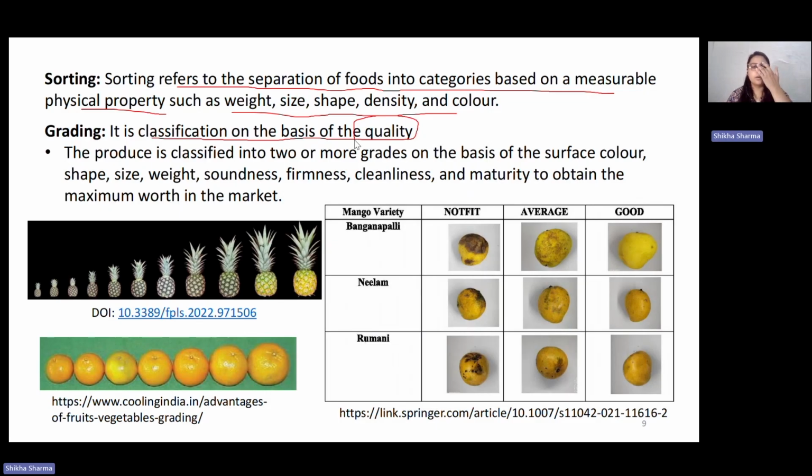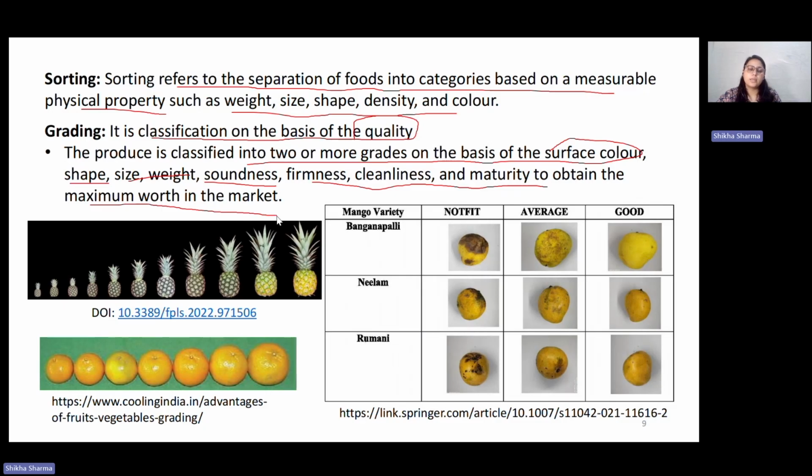A good grade product can be sold at higher prices, whereas a grade C product is sold at lower prices. The produce is classified into two or more grades on the basis of surface color, shape, size, weight, soundness, firmness, cleanliness, and maturity to obtain the maximum worth in the market.